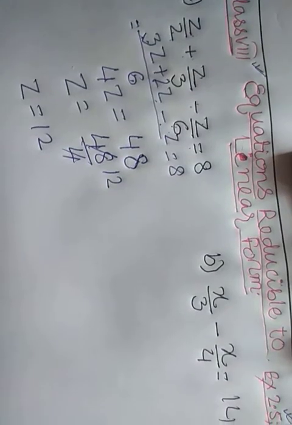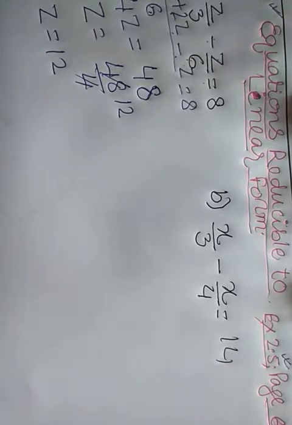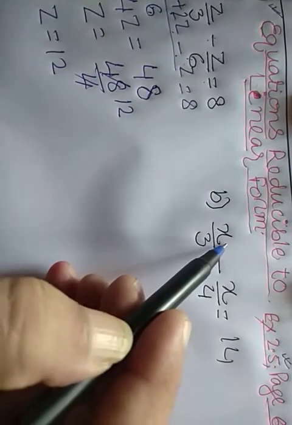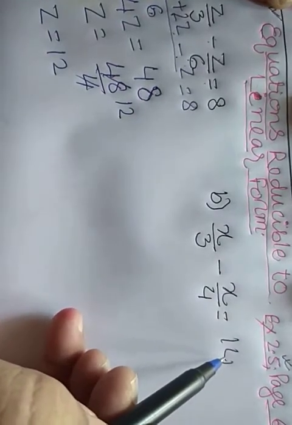So now let us check the second sum. The second sum reads x by 3 minus x by 4 is equal to 14.